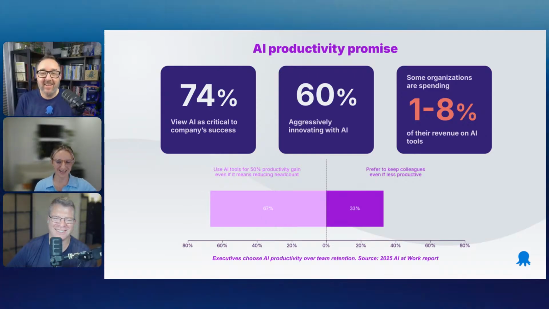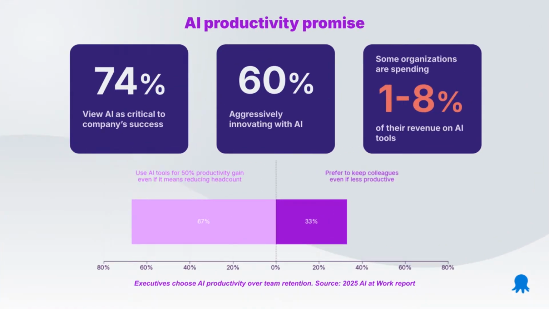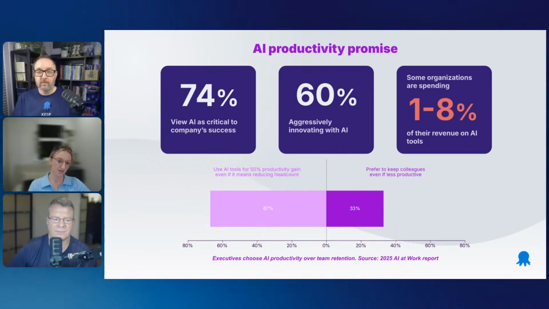Absolutely. And this graph down here is an executive perspective in which executives choose AI productivity over team retention. On the left, 67% of executives said they would use AI tools for a 50% productivity gain, even if it means reducing headcount, versus 33% of executives that would prefer to keep colleagues, even if it means less productive.